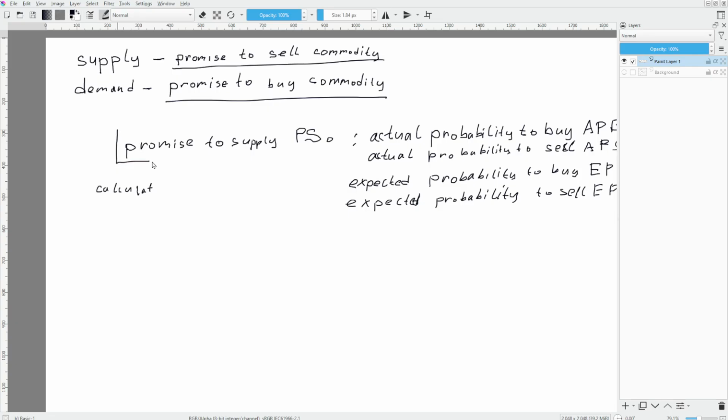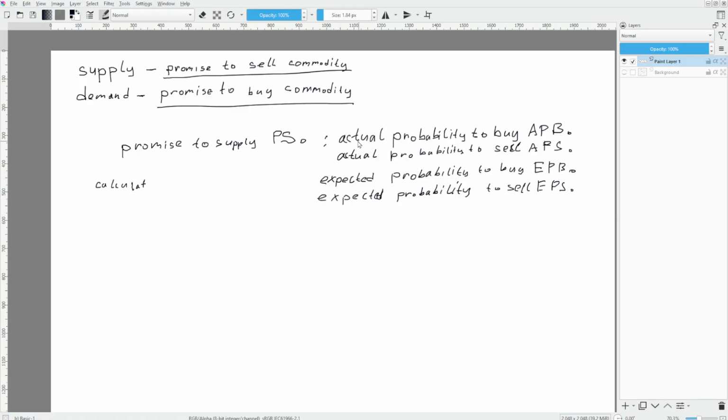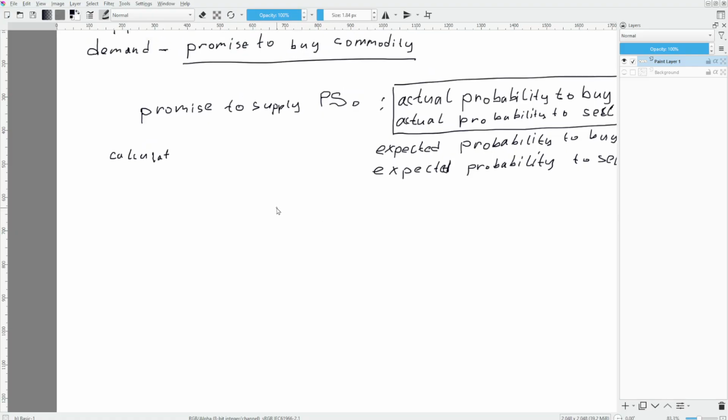So we have all these values. Currently, the only values which actually matter for the demand calculation and supply calculation of the next day are these values. We need to calculate these values. We know that every producer attempts to produce and supply a certain amount. So what we are doing is the following.